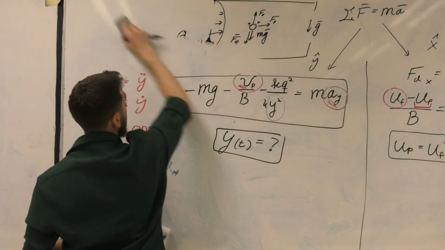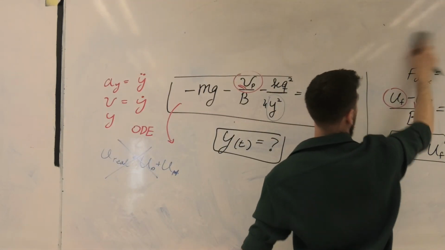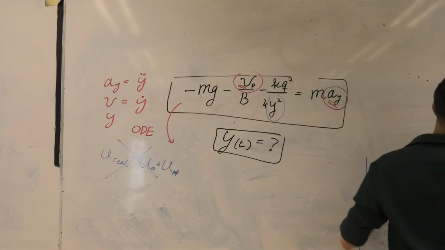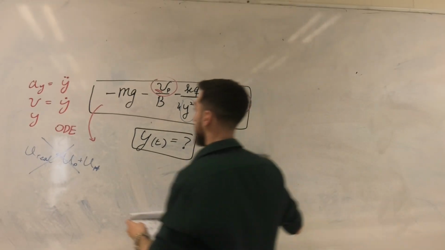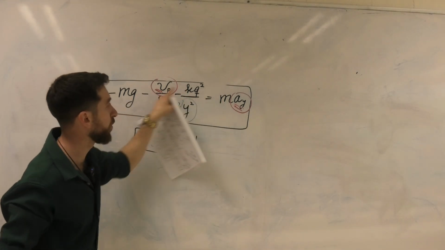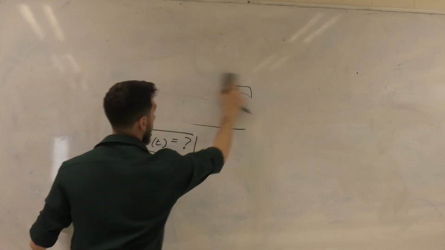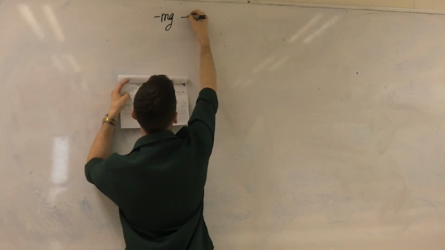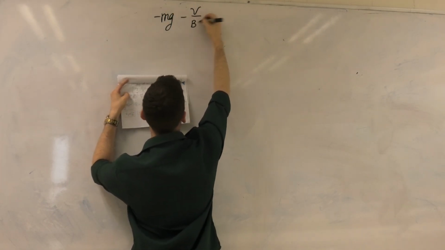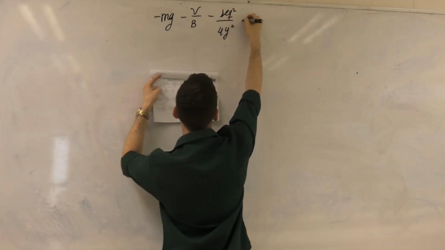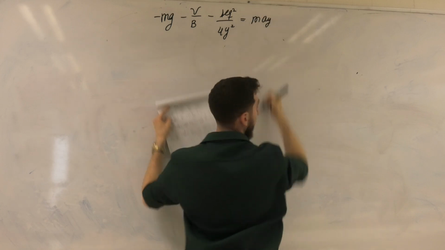So I'm going to clean the board. We understand that, right? What we're going to do is try to get rid of the ODE idea by putting in the values of v and a explicitly. We're going to write it again on the top. We are looking to find y, and we have minus mg minus v divided by b minus k q squared divided by 4y squared equals m a_y.